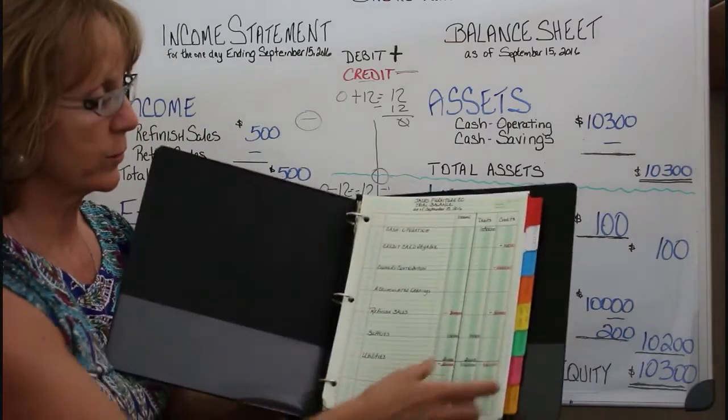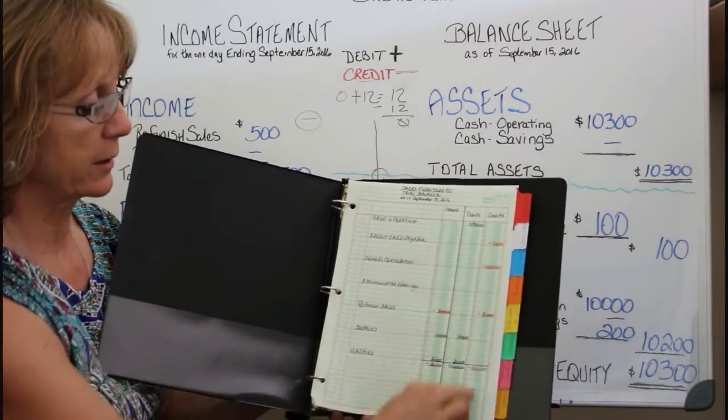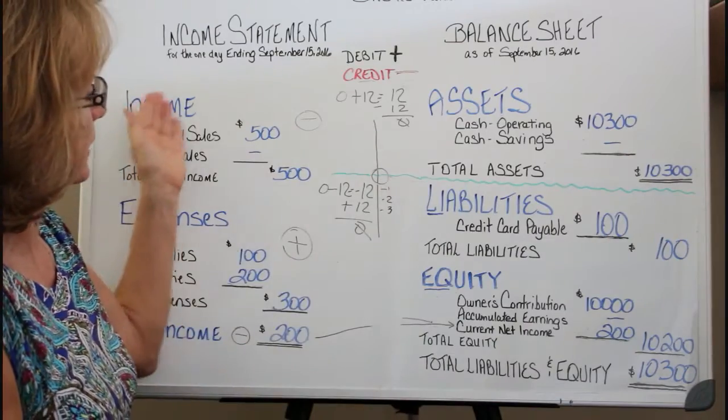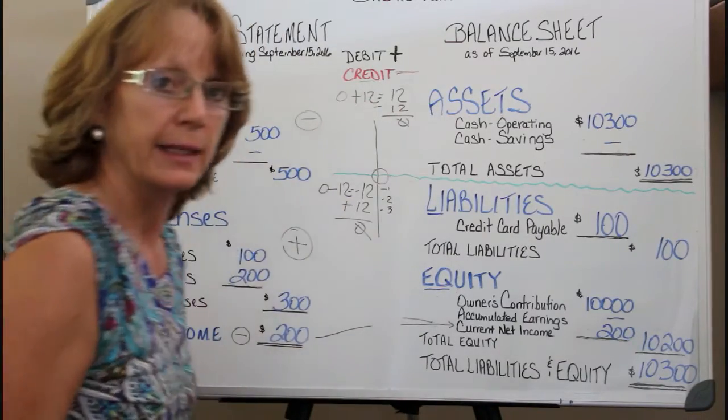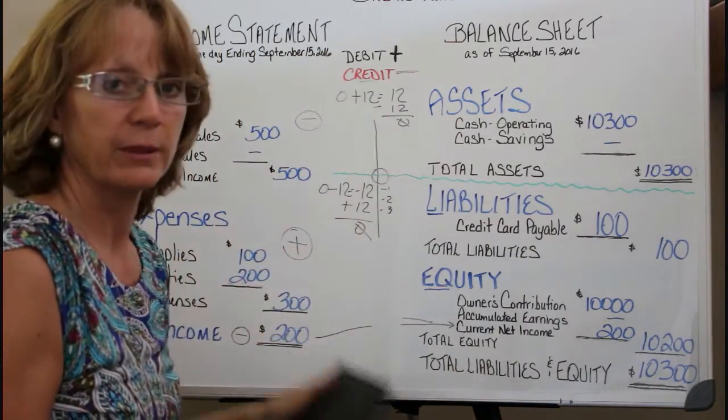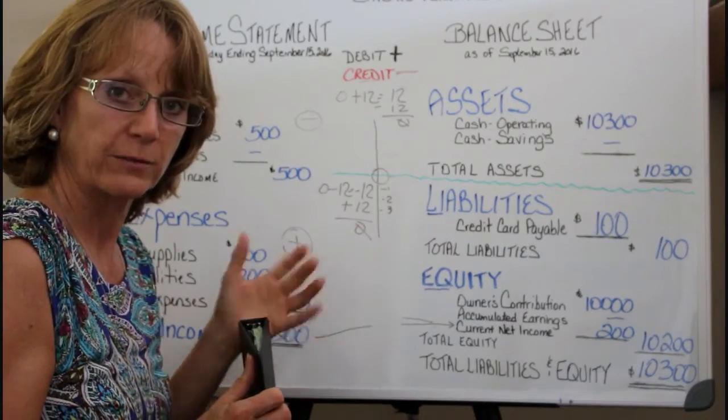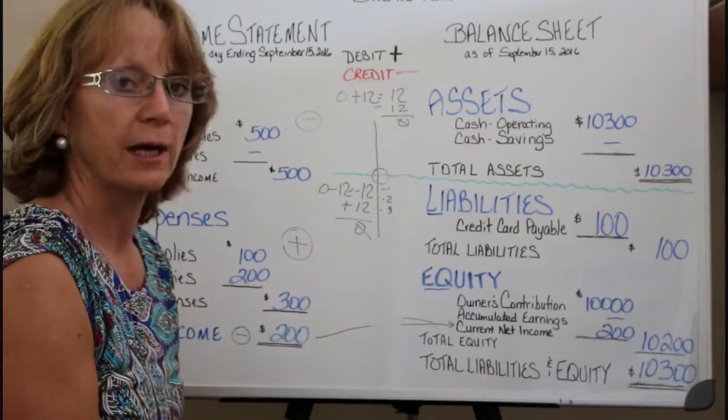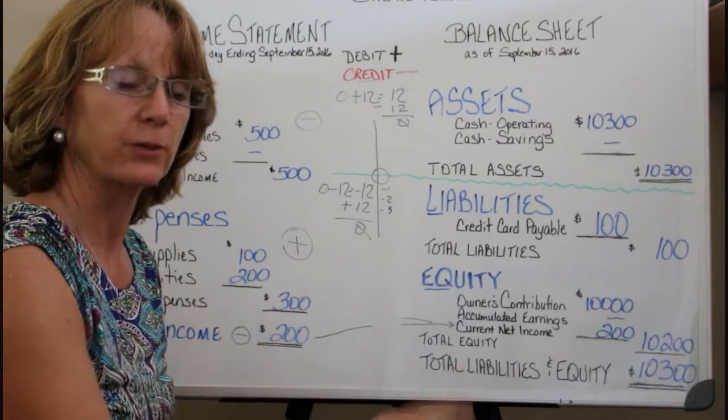So that's all there is to it. We take these balances in the debit and credit columns, we transfer them over to our balance sheet and income statement, and again we transfer them over as debit balances or positive numbers, and we will cover any negative amounts that go in here in later videos.